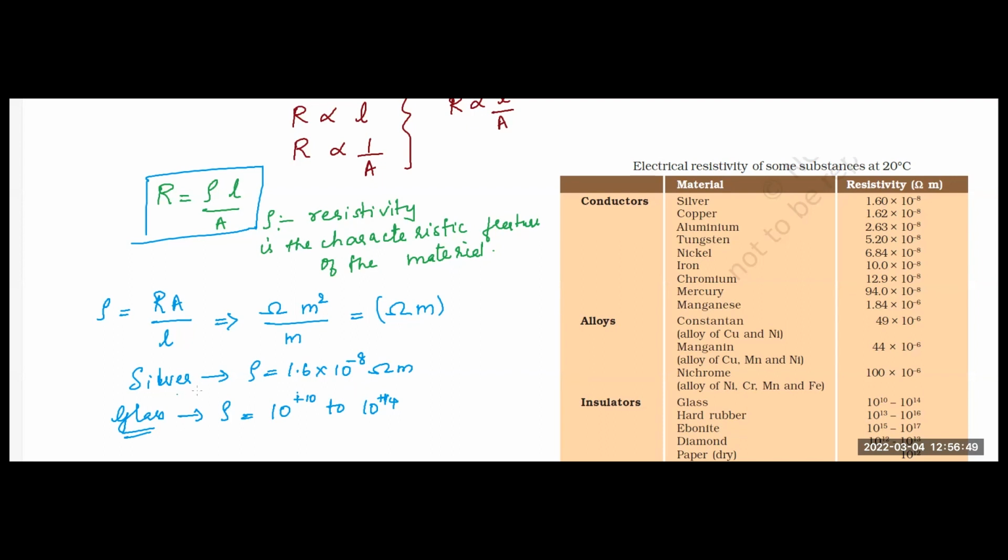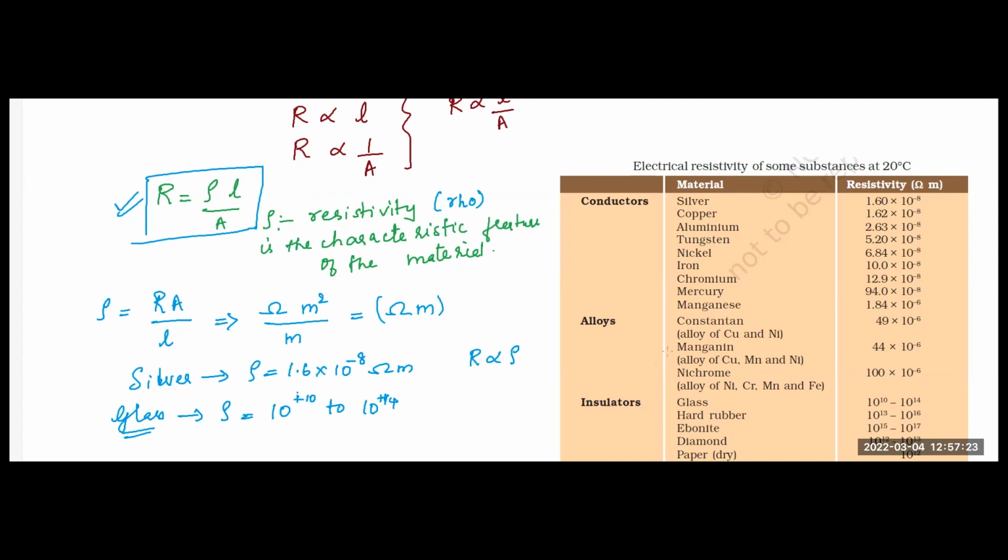That means silver has less opposition to the flow of electricity, and we know resistance is directly proportional to rho. From this equation we know that as rho increases, resistance increases. That is why silver has very little rho compared to glass. Here resistivity is represented by the symbol rho.